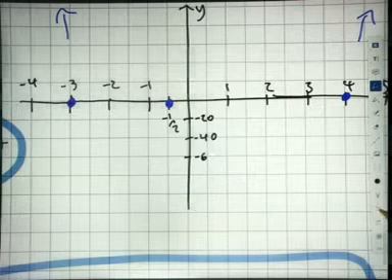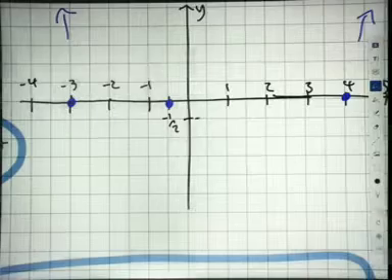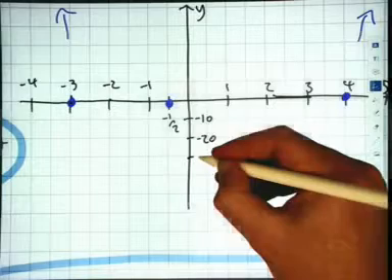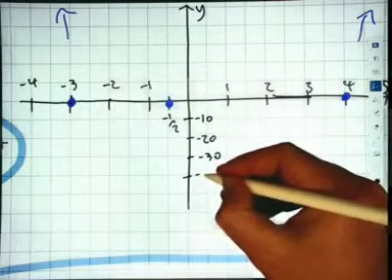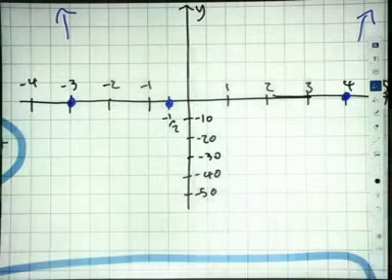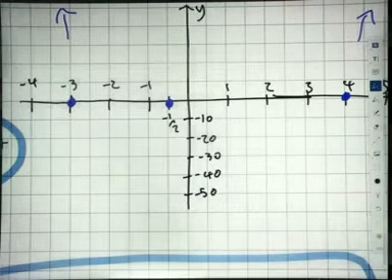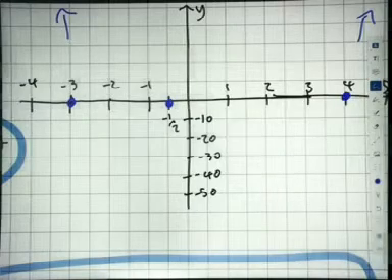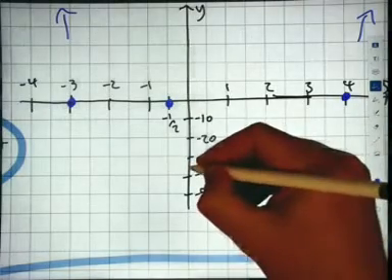Actually, let's do every 10. Negative 10, negative 20, negative 30, negative 40, negative 50, and so forth. Alright, and so we'll roughly estimate where negative 36 is, right about here.